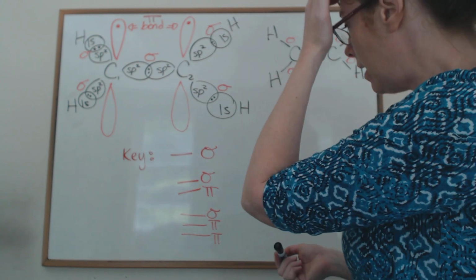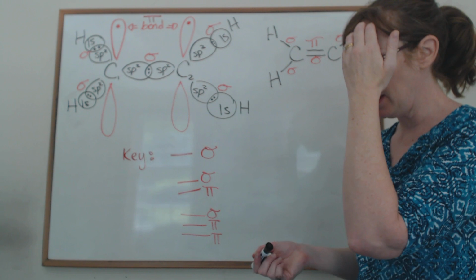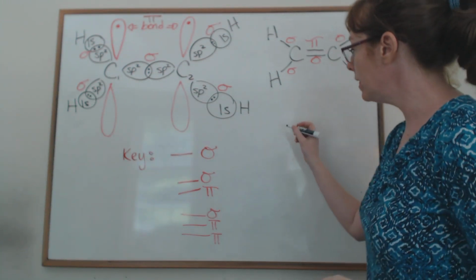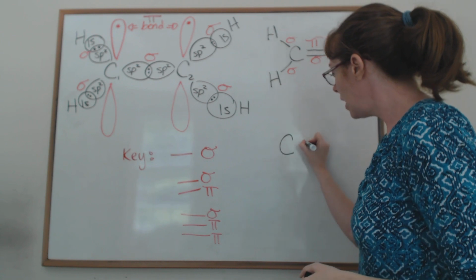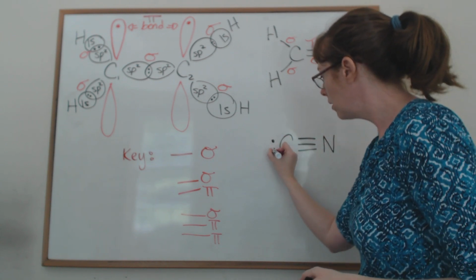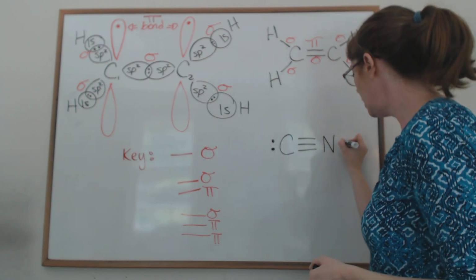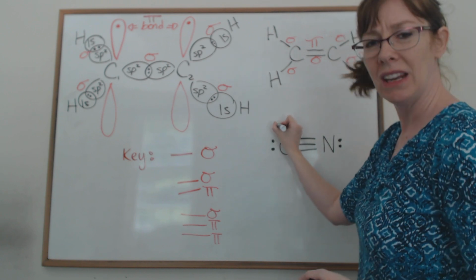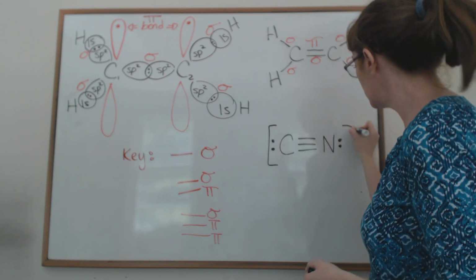So let me go ahead and make sure that you can see how easy this is. If I had a question that looked like this, the Lewis structure for cyanide is this.